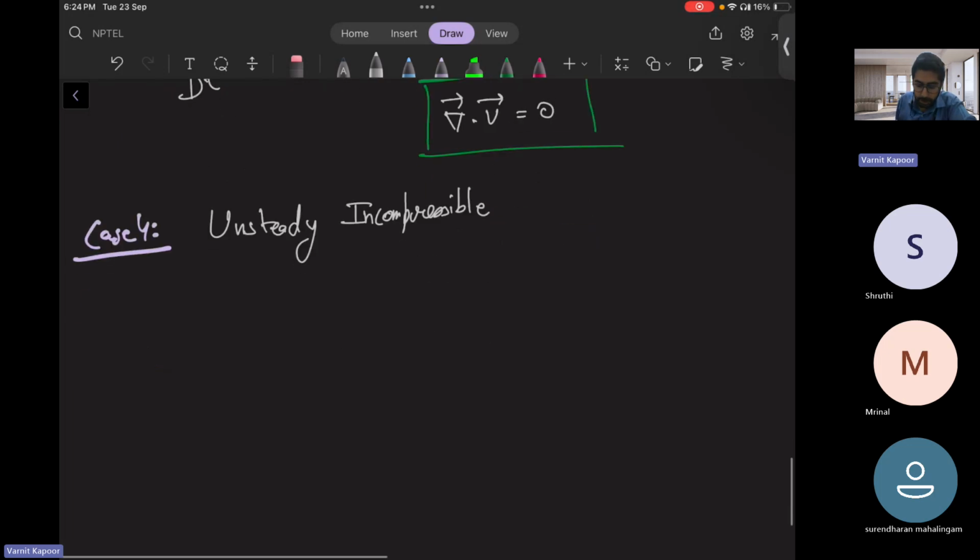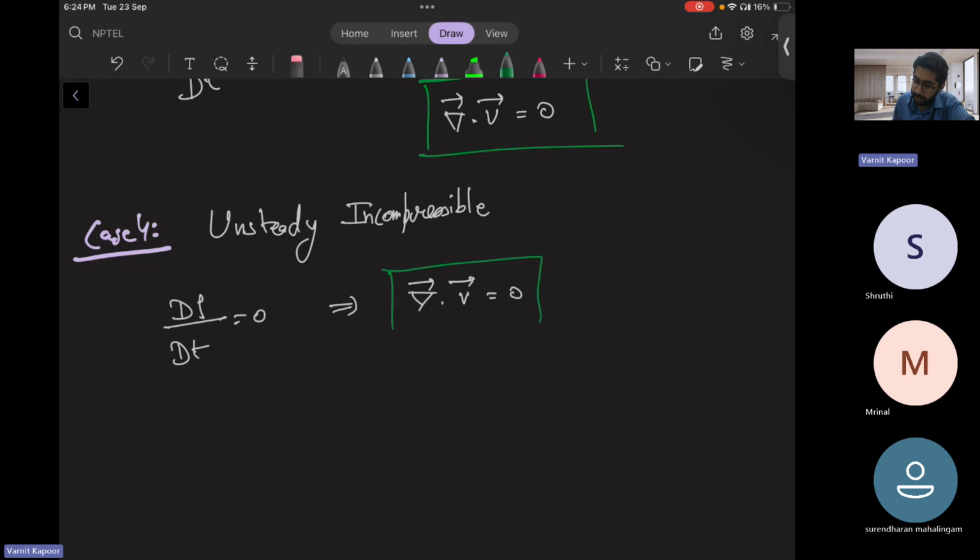What do I say? If it is incompressible, then my total derivative of density will always be 0. So again, my divergence of velocity is 0.